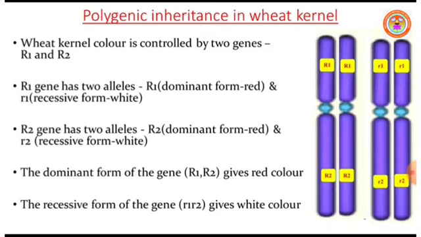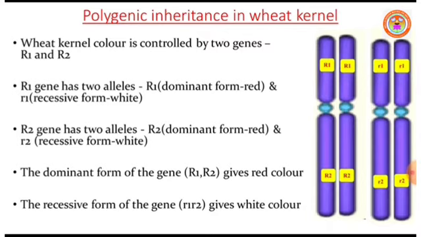Both were pure breeding. The wheat kernel color is controlled by two genes, R1 and R2. The R1 gene has two alleles, dominant red and a recessive form of white. The R2 gene also has a dominant form of red and a recessive form.